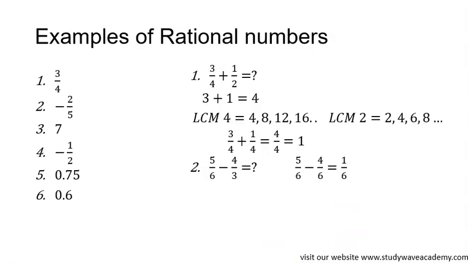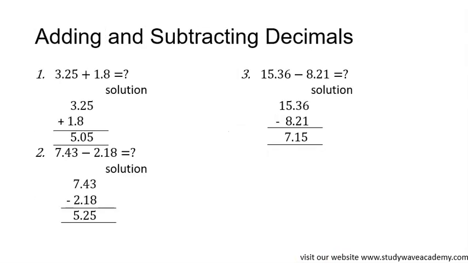Now we are going to be looking at adding and subtracting of decimals. When you have decimals, how do you add them if you are presented with a question like this? And how do you subtract them if you are presented with a question like this? We are going to do that today, okay?